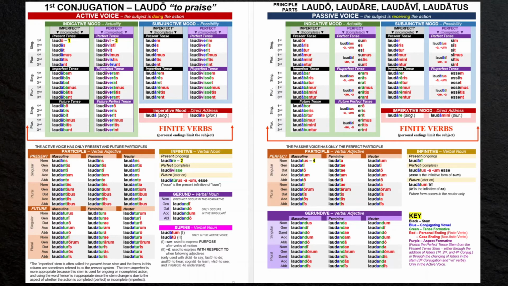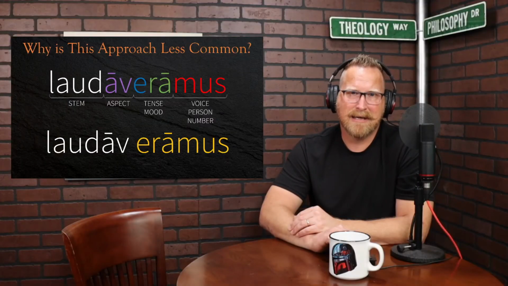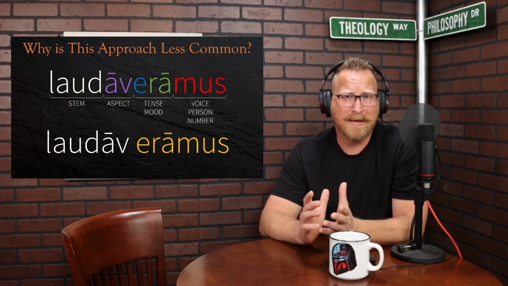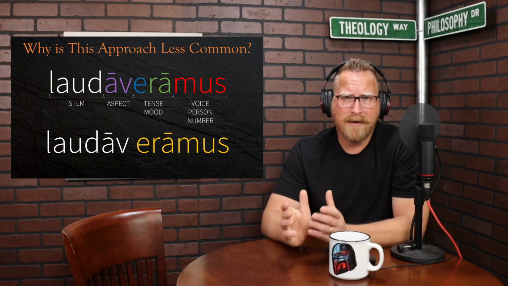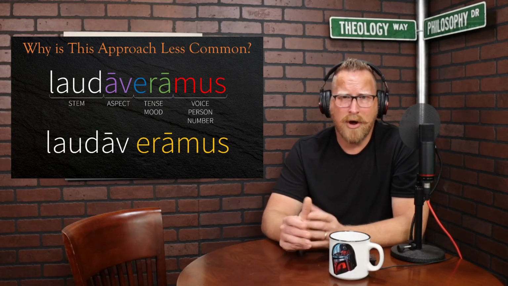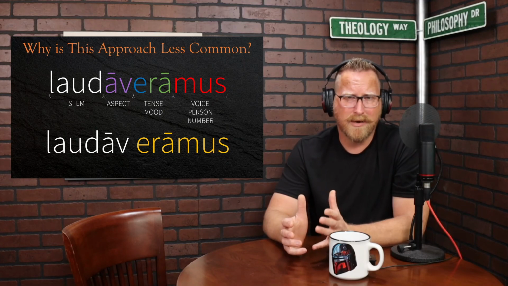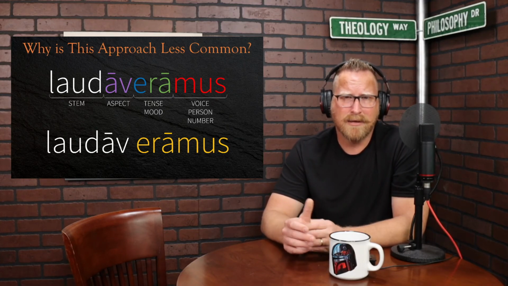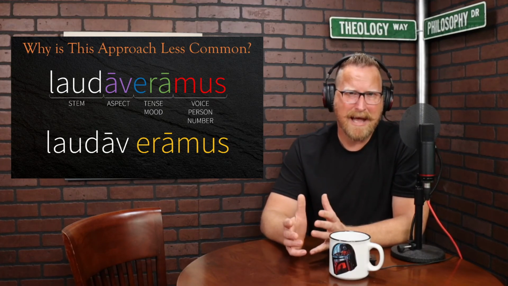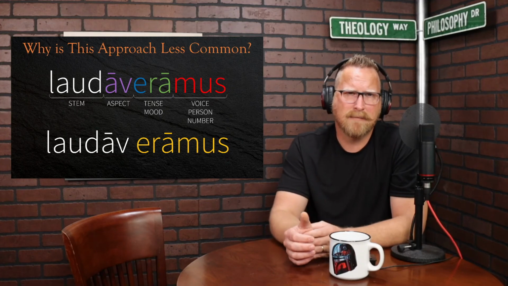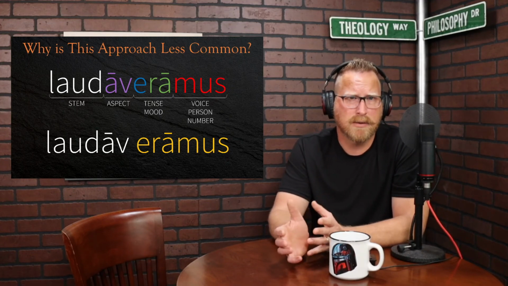Now, you might say, well, why then does this not become the more common way of going through the Latin? Well, when you're a very strong linguist and you've begun to write a grammar, you've typically studied language a lot. And the real truth is that there's a risk of misconveying how this language came to function this way.